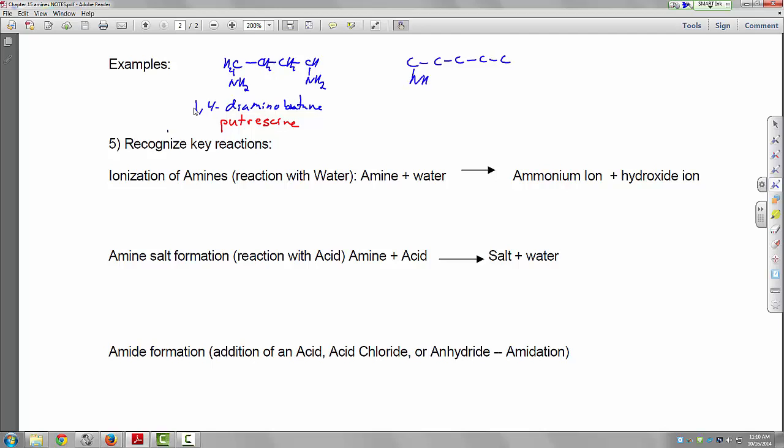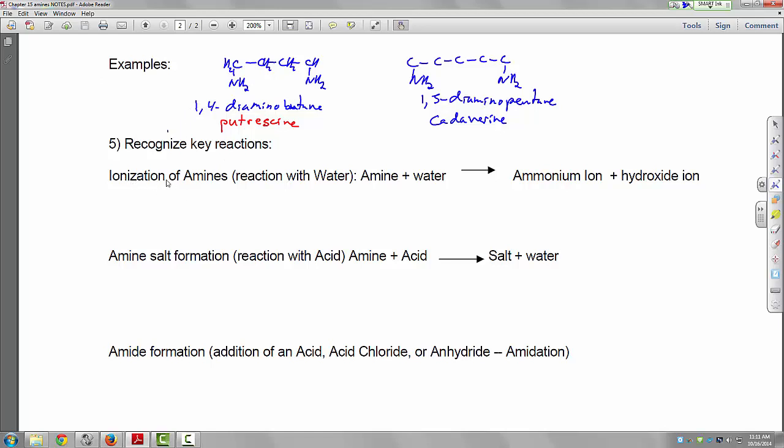It'd be 1,5-diaminopentane. And it goes by the nickname of cadaverine. And it smells like the odor of rotting flesh. Alright, so yeah, amines have unpleasant odors.